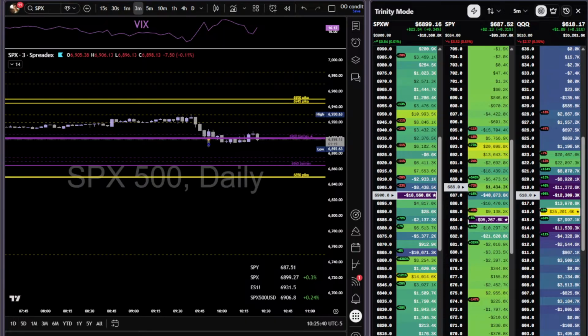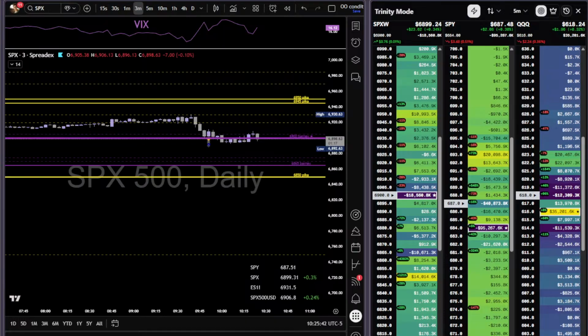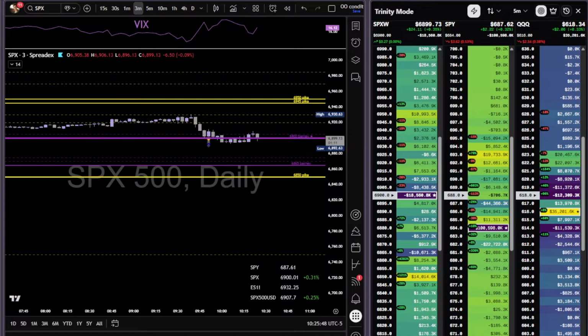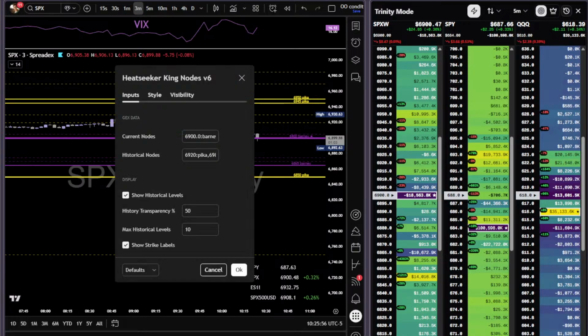Close to the money because the later in the day, I would say no more than a 30 delta, 35 delta away from the money, because the decay just starts happening so quickly on 0 DTEs.